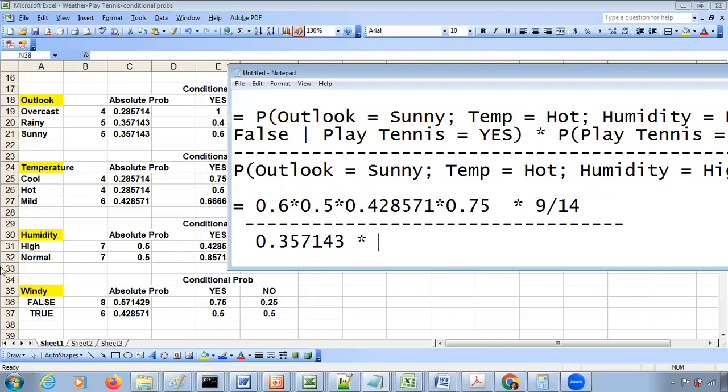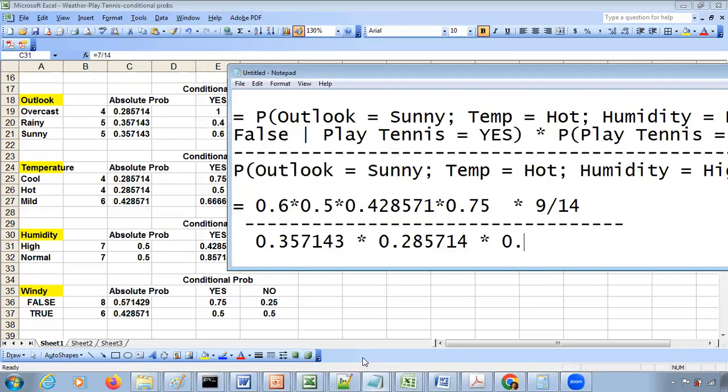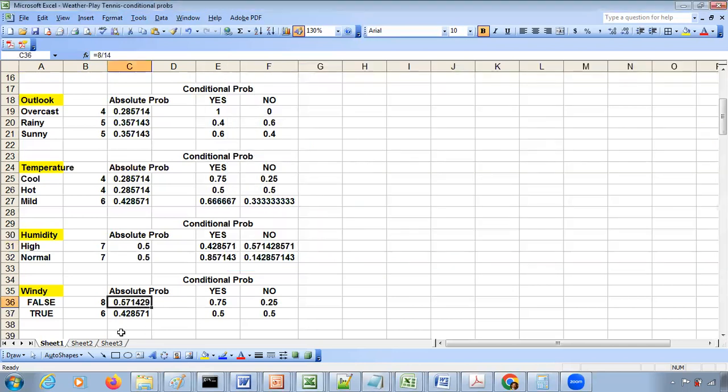Probability of temperature equals hot, the absolute probability is 0.285714. Humidity is high, the absolute probability is 0.5. Windy equals false, the absolute probability is going to be 0.571429.